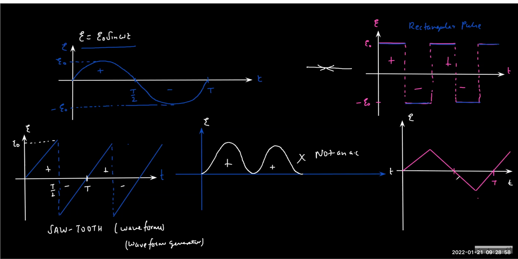This is T, this is T by 2, and this is E naught, and this is minus E naught. So this is again having positive and negative values. We can say this is called a triangular waveform.